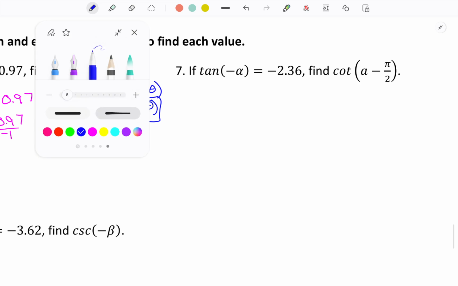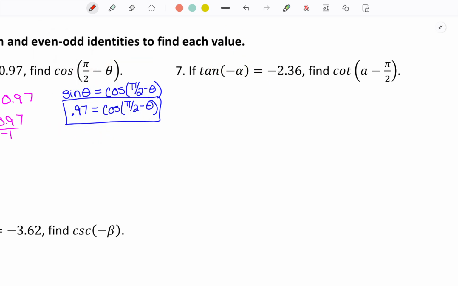So for number 7, we are going to find the cotangent of alpha minus pi over 2 if tangent of negative alpha equals negative 2.36. The first thing we're going to do is get tangent to where it is positive, so we factor out that negative.